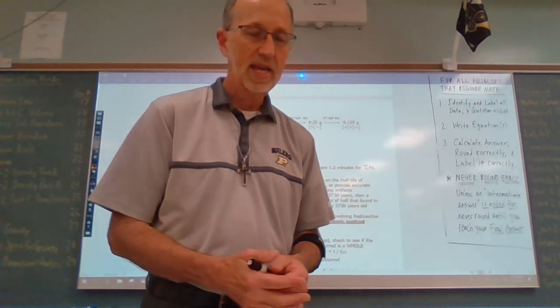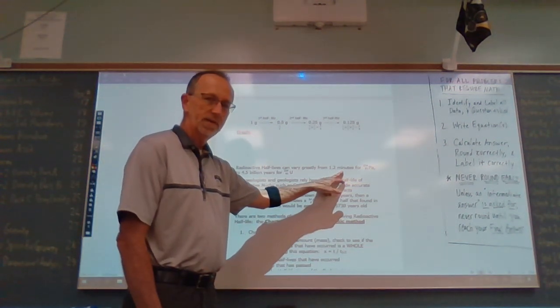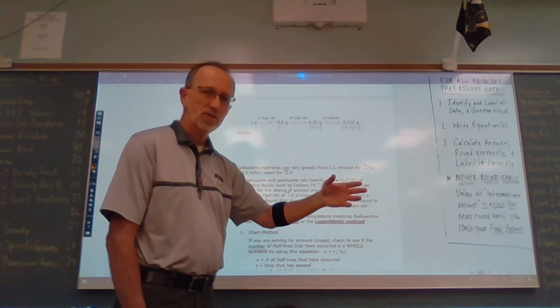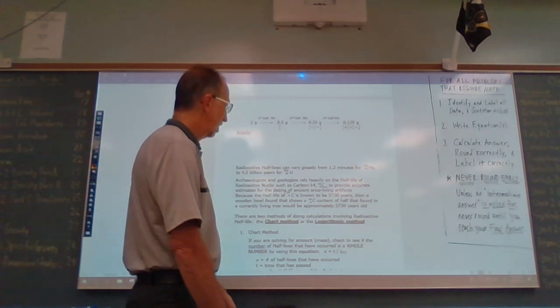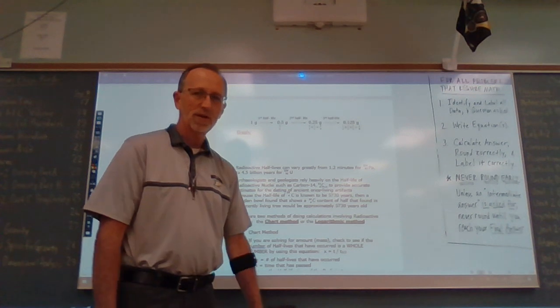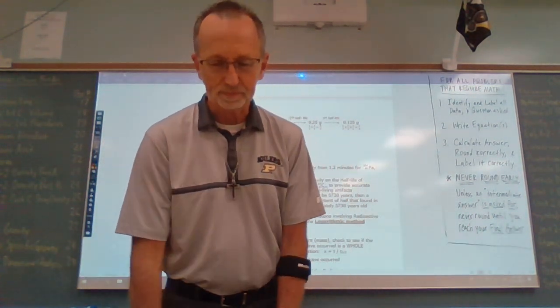Protactinium-234, as I say here in the notes, its half-life is only 1.2 minutes. So every 1.2 minutes, it's being cut in half, so it reduces down quite rapidly. On the other hand, uranium-238, a half-life is 4.5 billion years. Big difference there, right?